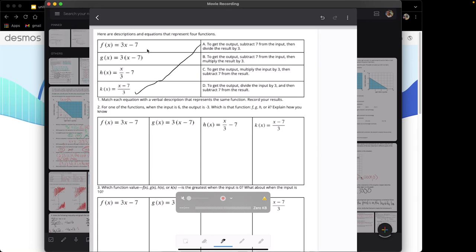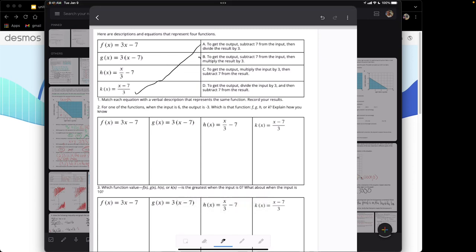If F were the answer, we would multiply by 3 first and then subtract 7 second. That's not what B is saying. So the only other one that involves multiplication is G. So B is going to match up with G.